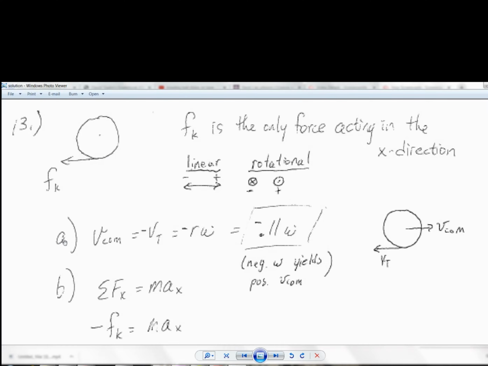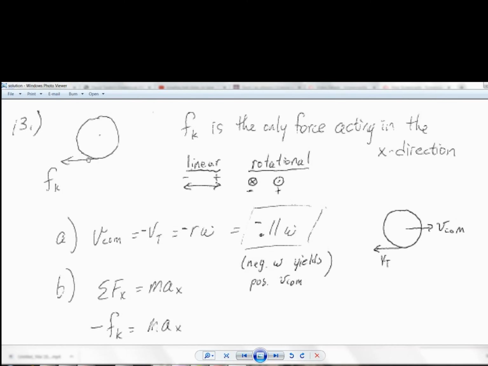So part A of the question asks, once it is rolling and no longer sliding, what is the velocity of the center of mass in terms of omega, the angular velocity? Well, we know that VCOM is equal to V tangential when there is no sliding taking place. This negative sign here, if we look at our diagram and say that to the right is positive, then the velocity of the center of mass of the ball is to the right.